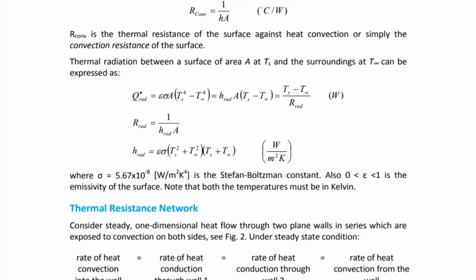The thermal radiation between the surface of area A at Ts and the surroundings. Ts denotes the temperature of the surface, and T infinity shows the temperature of the surroundings. It can be expressed in the form of Q radiation is equal to emissivity, Stefan-Boltzmann constant, area into temperature to the power 4.